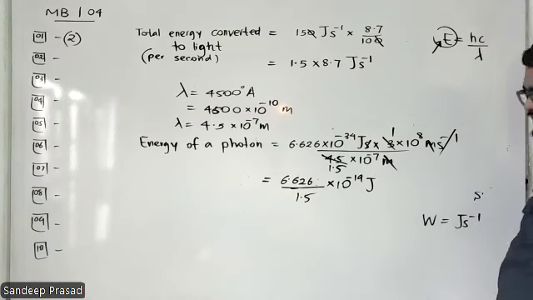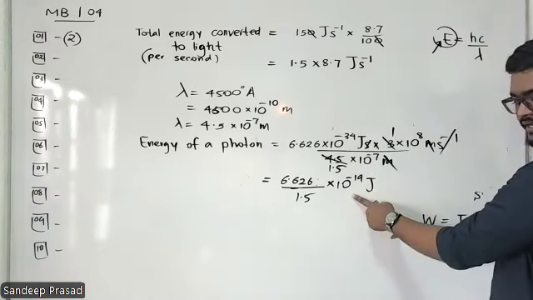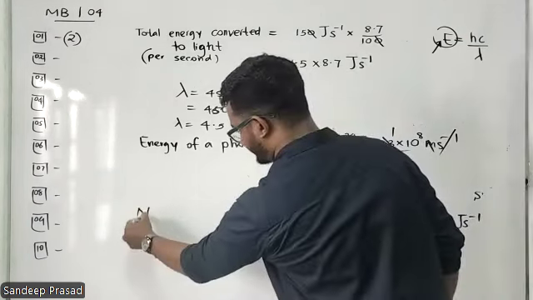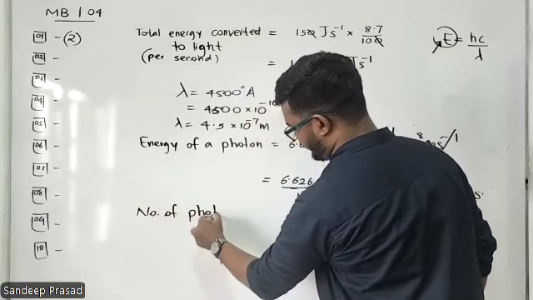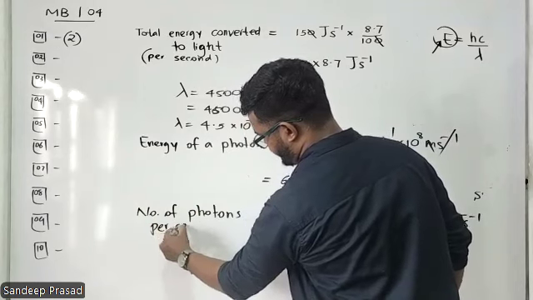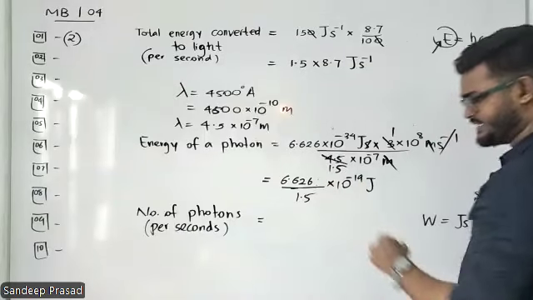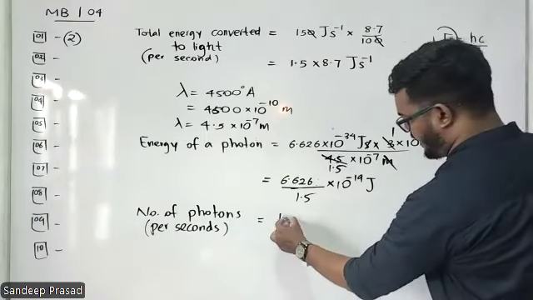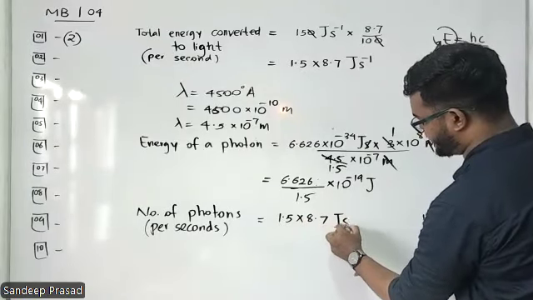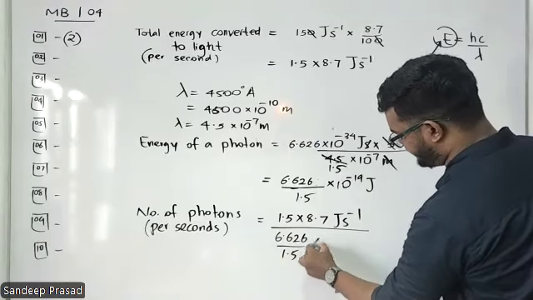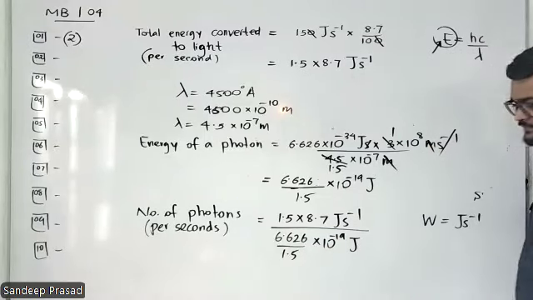Then can't you find out the number of photons emitted per second? Can't you find out this? Students, you have to divide the total energy by the energy of a photon. Then you will obtain the number of photons. In order to obtain the number of photons per second, you can divide the total energy per second by the energy of a photon. 1.5 × 8.7 joules per second is divided by 6.626 × 10 to the power minus 19 joules.